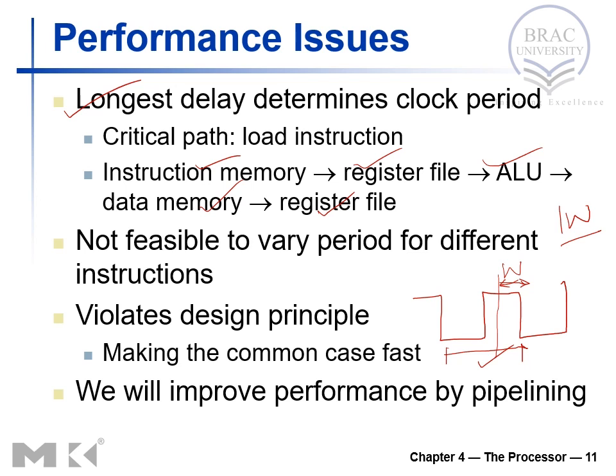So it is not feasible to vary the period for different instructions. This says that we cannot have variable clock period, which means we need to fix the clock period, and this would result in waste of our time, and we are trying to achieve as much as we can from our system just to satisfy the ever increasing user need. So we cannot afford to have this kind of scenario.